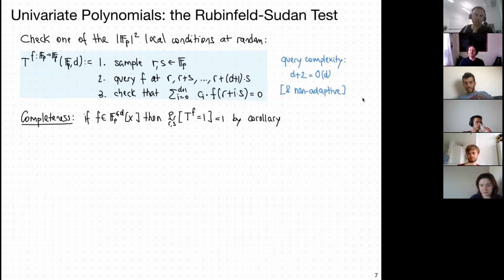So I have a question. Is it really necessary that we sample two random values? Wouldn't it be sufficient if we only take R and raise it to the power of I? Could this work? That is interesting. My gut feeling is that this should probably fail. But I agree that it should definitely be the case that one can de-randomize it further, and maybe someone in the audience knows better than me.